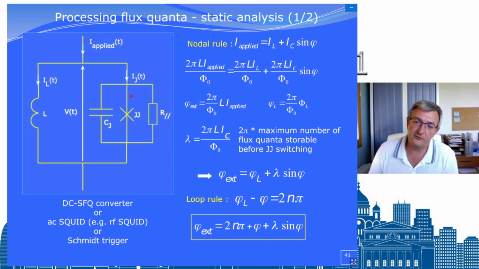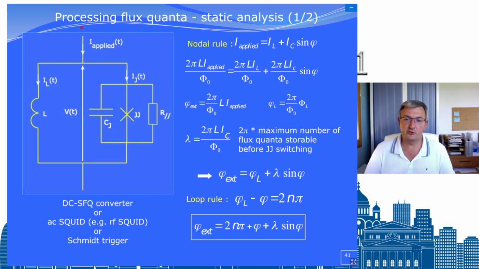So φ is the phase of the junction, and φx is the total phase between these two points. Think about flux, if you are not used to the phase yet, since voltage cannot apply. This device, I didn't tell you, we can call it AC SQUID, RF SQUID, because it's only RF, you have no DC voltage.